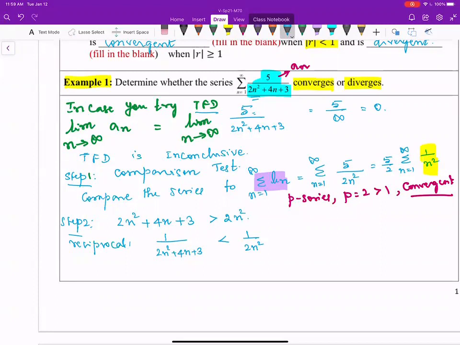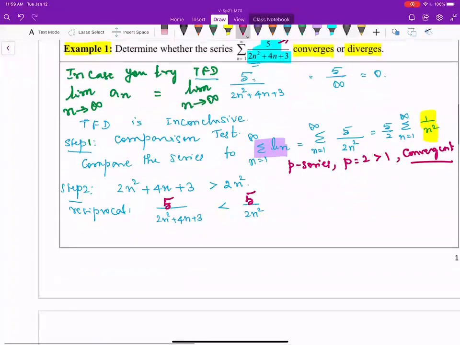Now, because I need to get an on the left-hand side, I have to multiply by 5. So now the left-hand side is an, and this is definitely smaller than or equal to bn. Why bn? This expression is the same as what we have here. And this is true for every n.